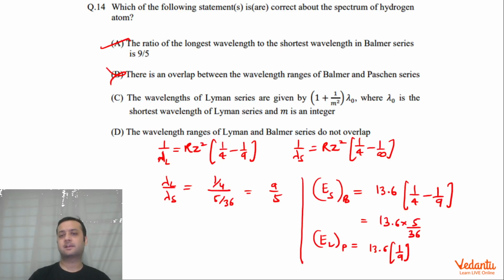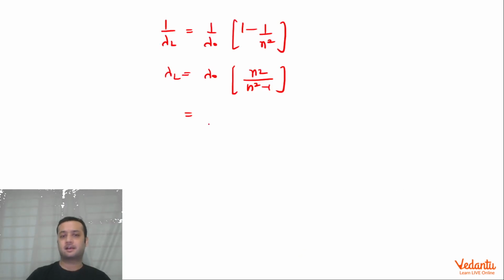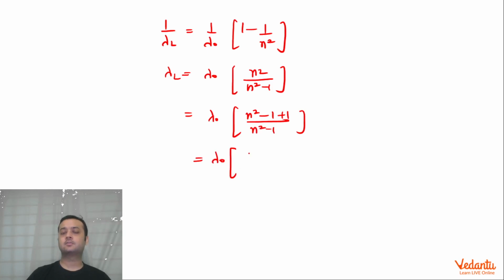वैसे तो यहाँ से अपन बहुत बार, कुछ बच्चों ने बोल दिया यहीं से देख के कि ये उस फॉर्म में कन्वर्टेबल नहीं है, ठीक है. अब इसको थोड़ा सा और अपन अगर मैनिपुलेट करें तो न्यूमरेटर में -1 + 1 लिख सकते हैं, राइट. So this will become lambda naught into 1 plus 1 upon n square minus 1.